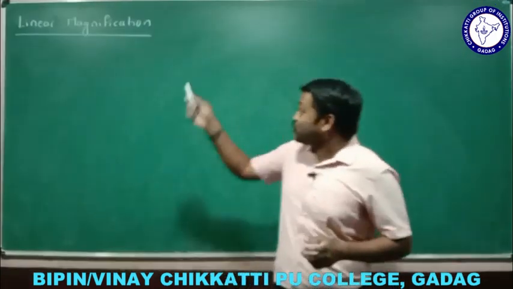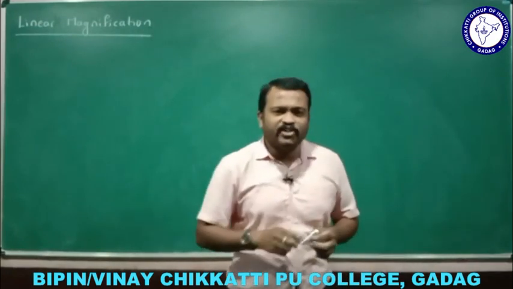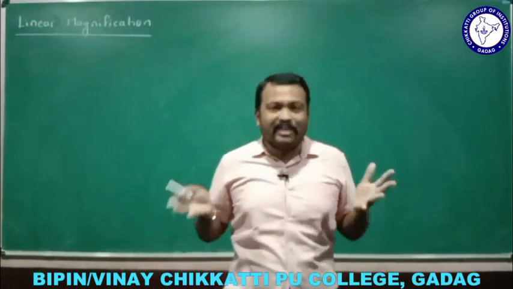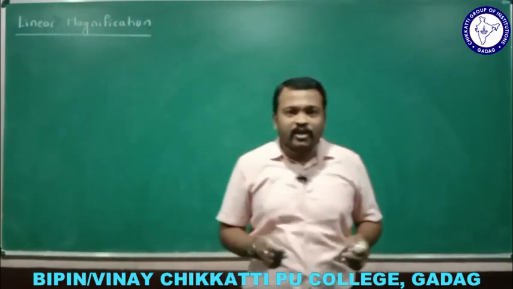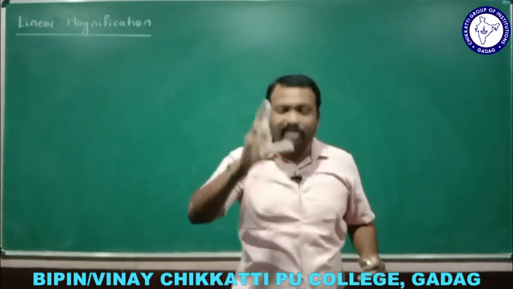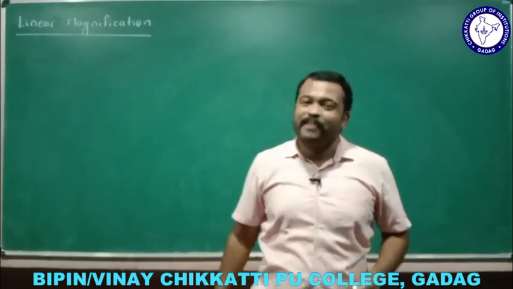Now let us move to the next thing, that is linear magnification. Magnification means it magnifies, it becomes big, right? We are speaking about linear magnification, that means magnification linearly, height-wise. First of all, let me define what linear magnification actually is.